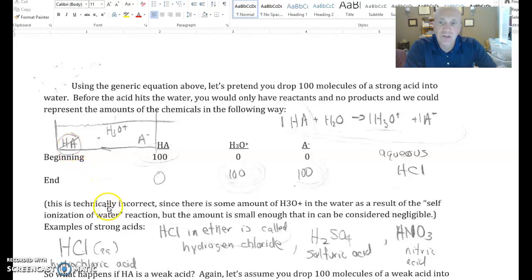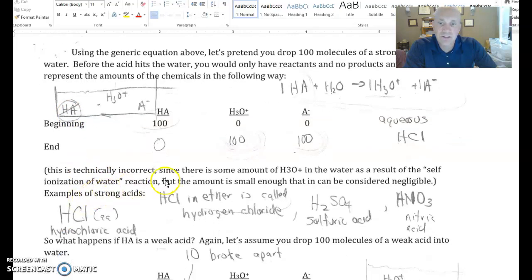All right. So I want to point out that this is technically incorrect because there is some amount of H3O plus present in the water simply as a result of the self-ionization of water. Why don't we consider that in this part right here?